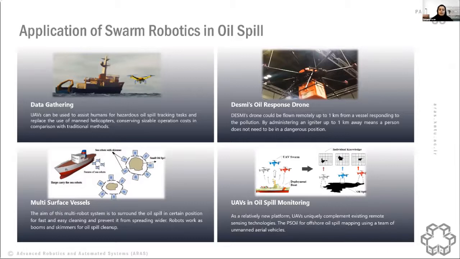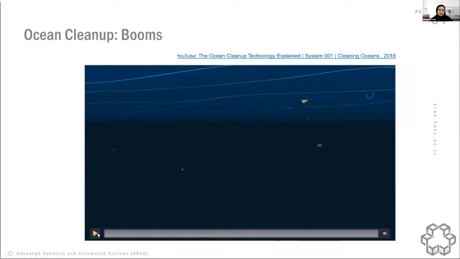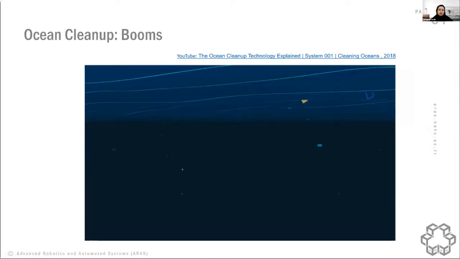For example, DESMIM is developing a drone for burning the oil on the surface of the sea. UAVs are mostly used for monitoring purposes. And you can see in this video the use of booms for ocean cleanup.